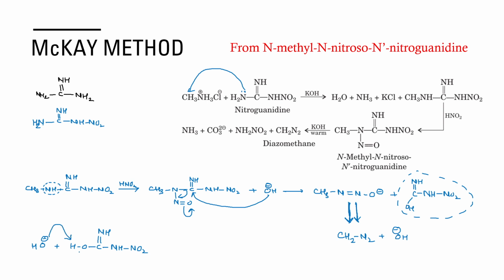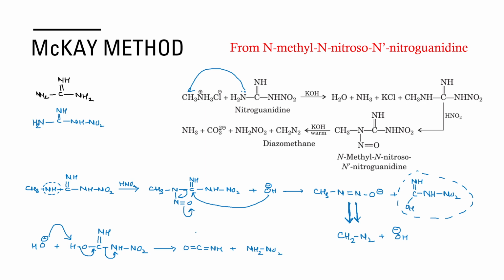This will come over here. This will come over here, and this will go out. Okay, and you get something like this: C double bond O, double bond NH plus NH2 NO2 मिल जाता है.